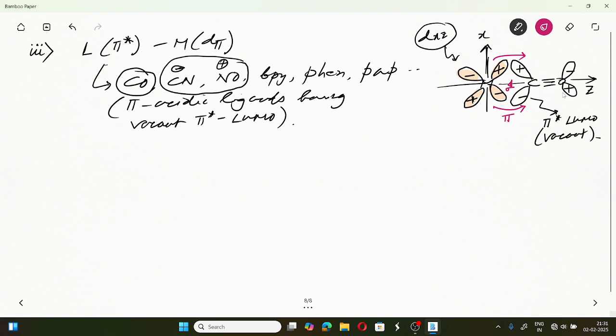So all these are pi acidic ligands. You can well understand these are another category of pi acidic ligands.